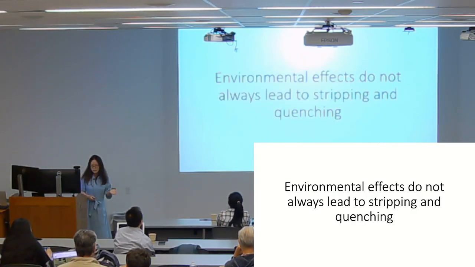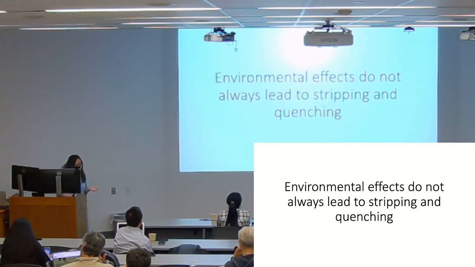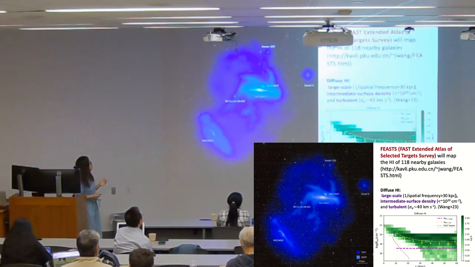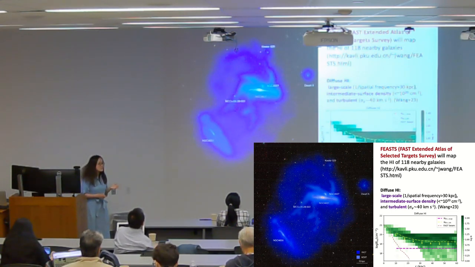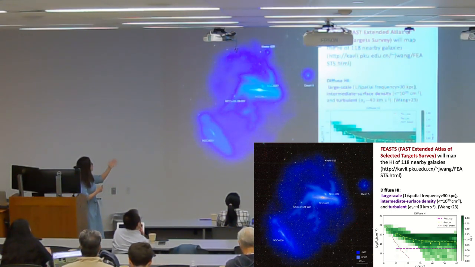Up to now, I have been talking about stripping and depletion, but actually that is not the whole story. With early data from the FAST survey, we were able to quantify the status of gas in an interacting group.